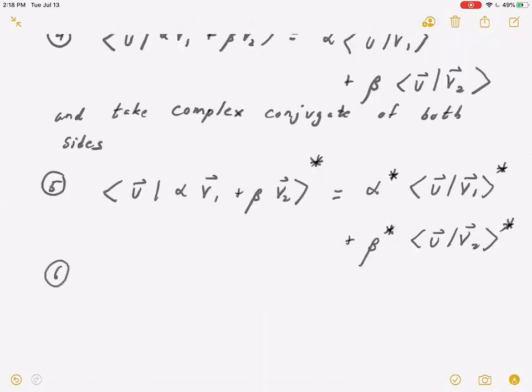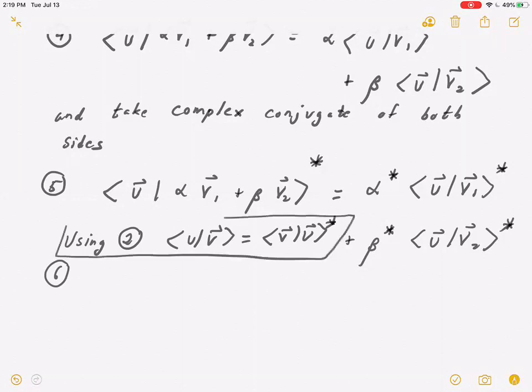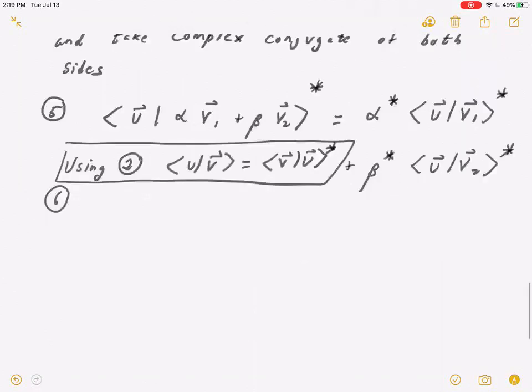Now, if I use equation 2, which says that the inner product is commutative, and since U and V are complex vectors, I need this complex conjugate on the right-hand side, then equation 6 becomes the following.